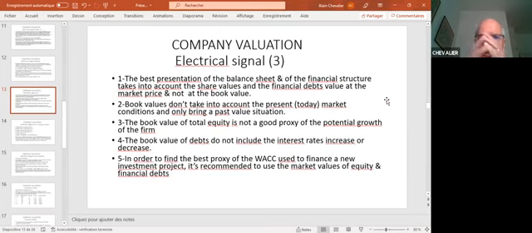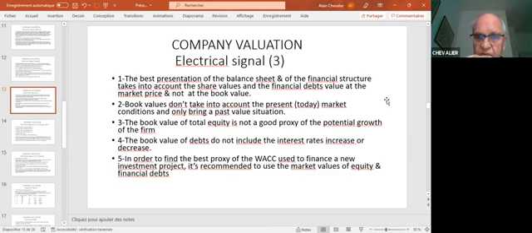It is assumed here, as a hypothesis, that the best presentation of the balance sheet or the financial structure takes into account the share values and the financial debt values at the market price and not at the book value. So you can consider both presentations and analyze the differences and the consequences of these differences.